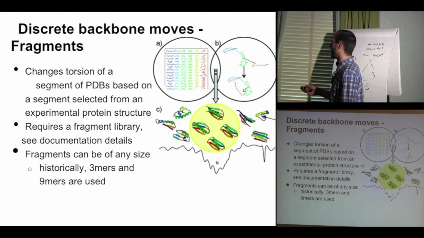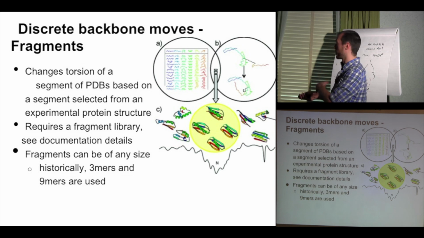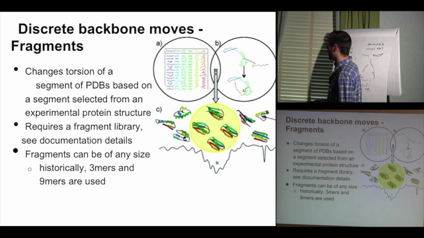You have some library of fragments that you can pull torsions from. Historically, these fragments were 3-mers and 9-mers, but you can use any size you want with the new fragment infrastructure that's in Rosetta. It's another way of sampling realistic groups of phi psi angles for a stretch of amino acids.